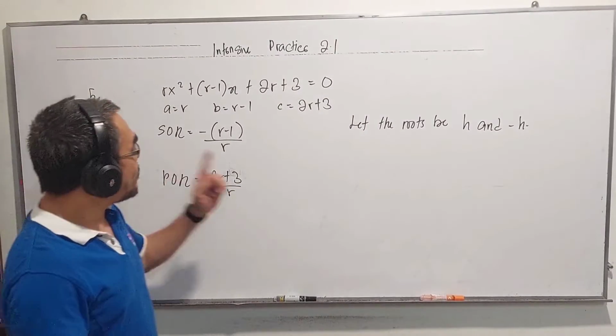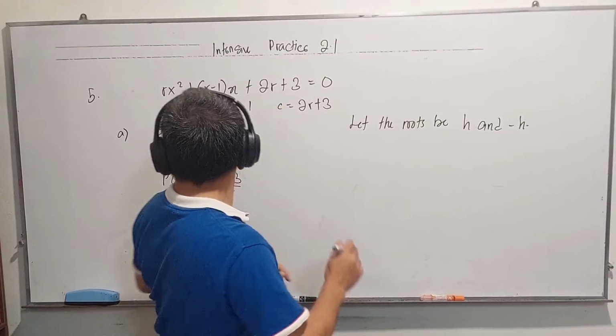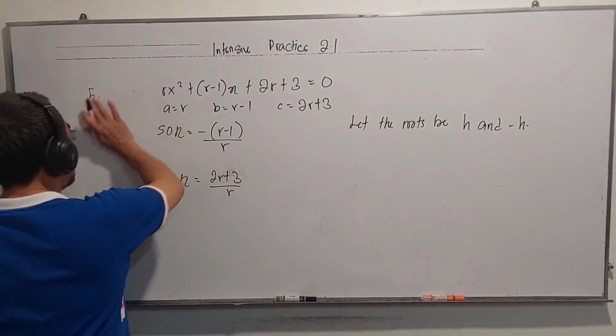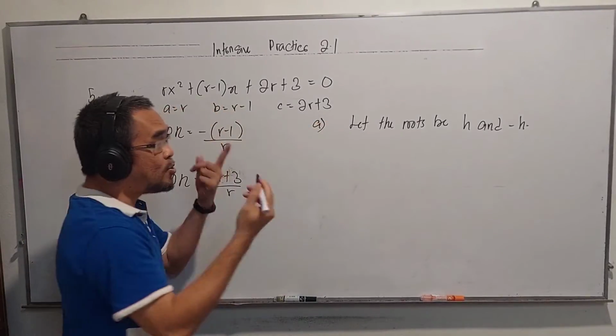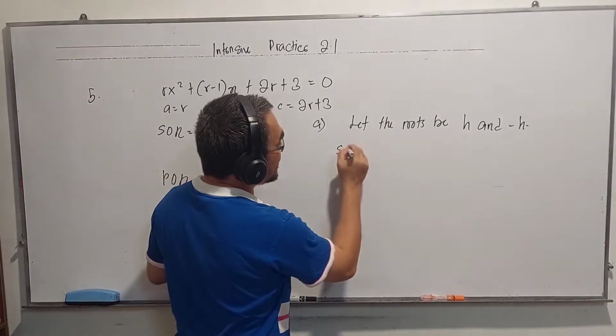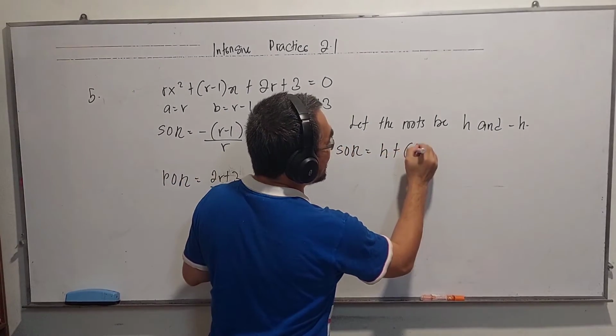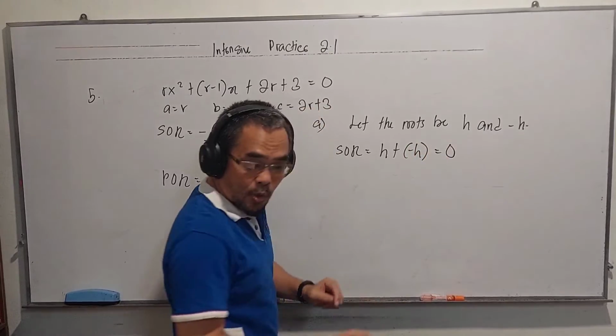Okay, so for this one also, let the roots be h and negative h. You could also find the sum of roots. The sum will be h plus negative h, which will be 0.